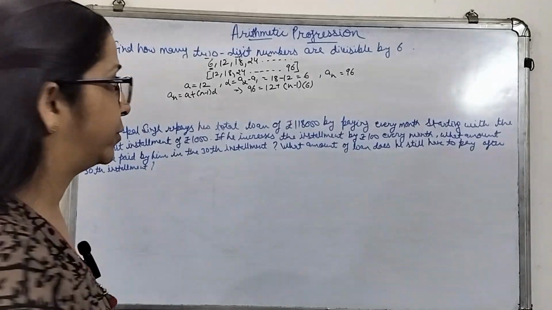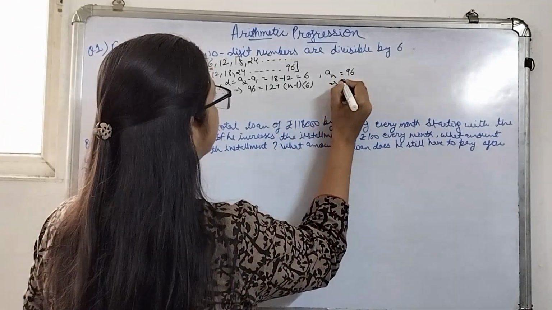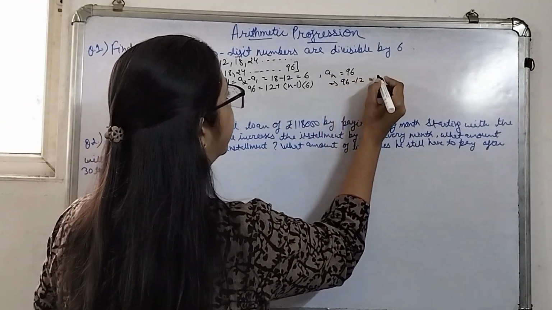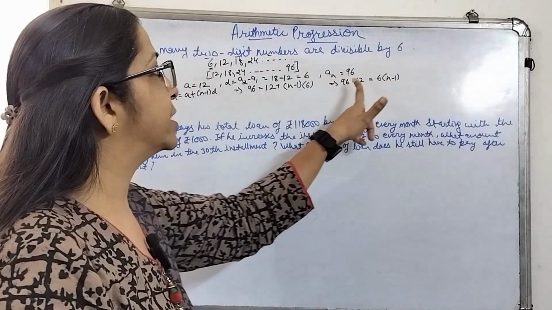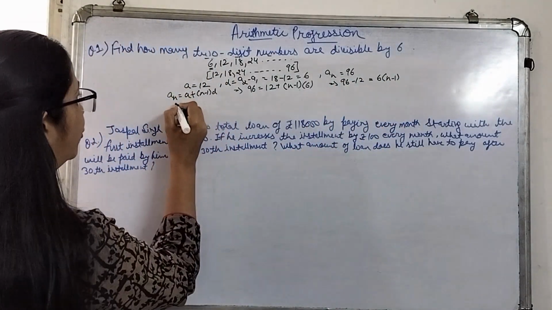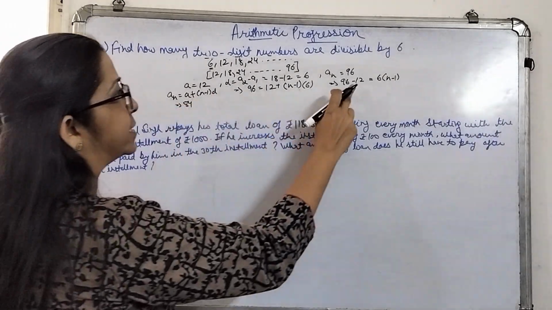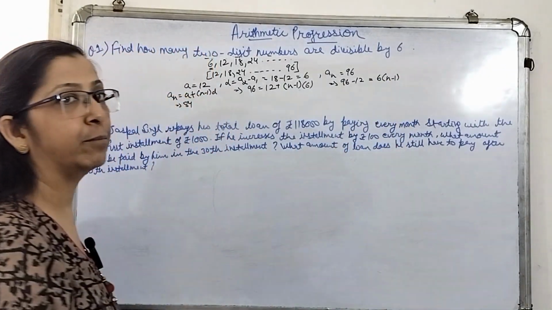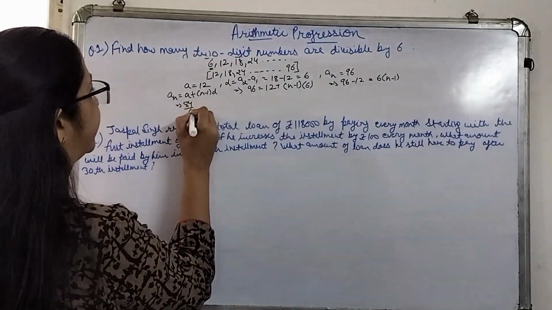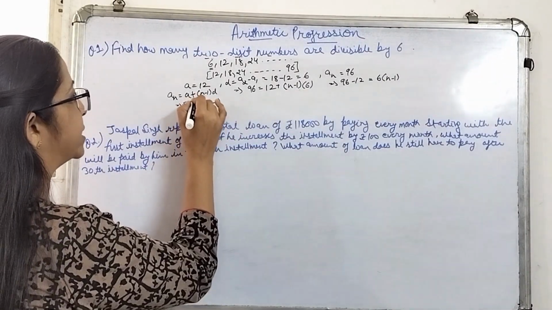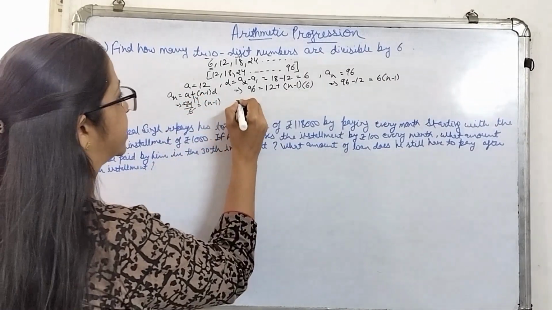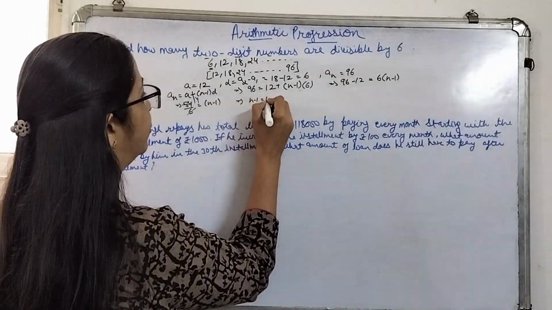If we solve it further, it will be 96 minus 12 equals 6 multiplied by n minus 1. 96 minus 12 is 84. So 84 equals 6 multiplied by n minus 1. That means 84 divided by 6 is the value of n minus 1. 6 1 is 6, 6 4 is 24. That simply means n minus 1 is 14.